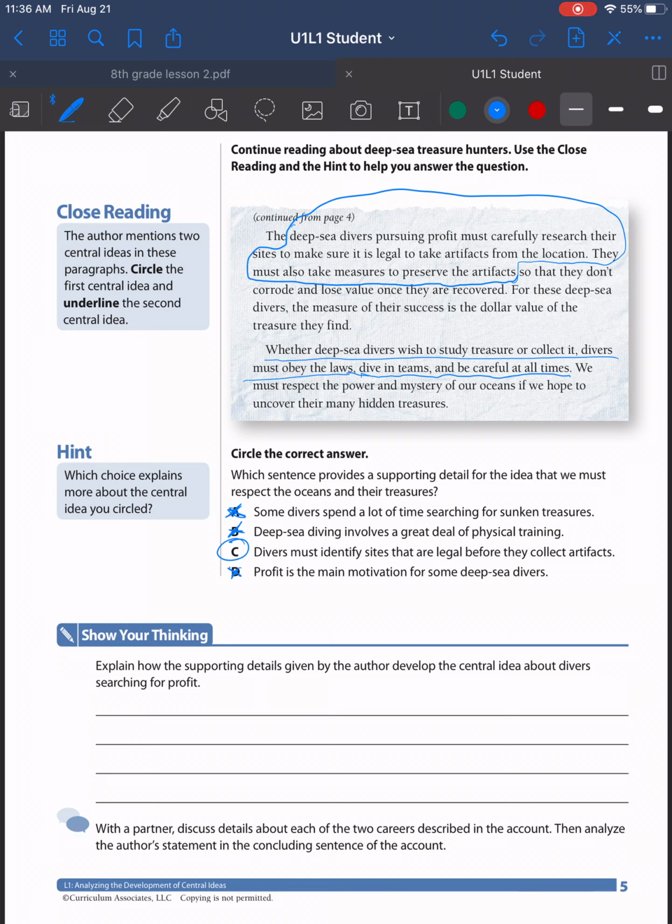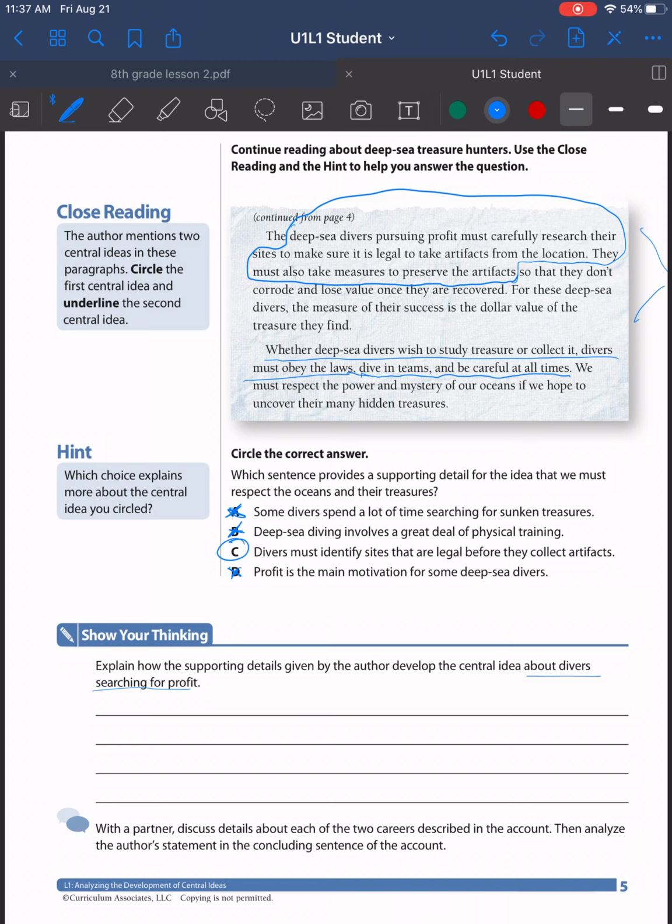What supporting details can you find that show me that the central idea is about divers searching for profit? I'm not talking about the divers who are searching for knowledge. I'm talking about the divers who are searching for profit. Can you give me some supporting details that the author said to prove to me that the main idea of these two paragraphs is about divers searching for profit?